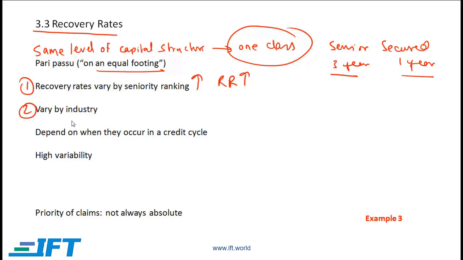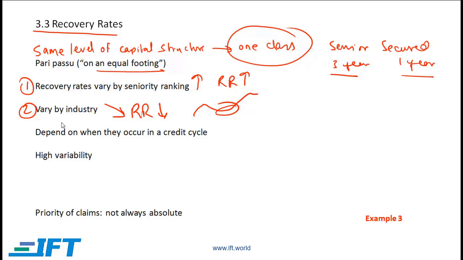If an industry is in decline, such as newspaper publishing, then the recovery rates will be relatively low. On the other hand, if there is a default in an industry which in general is on its way up, but temporarily because of a recession in the economy there are defaults, in general recovery rates here will be relatively higher.